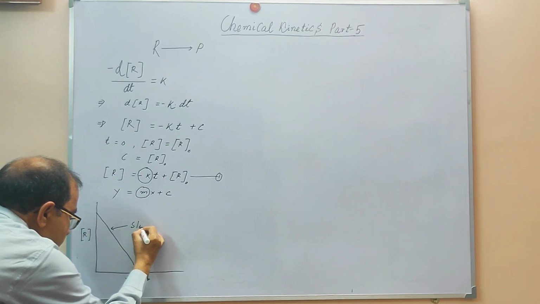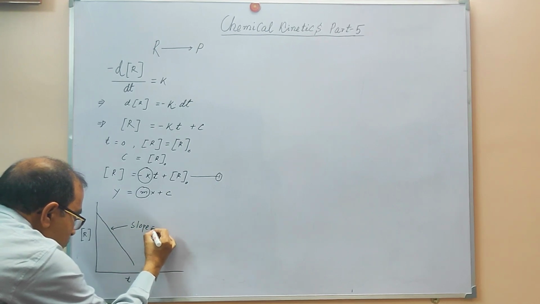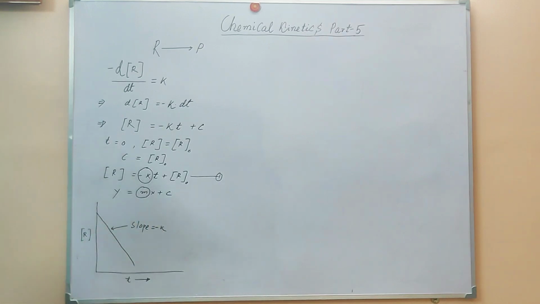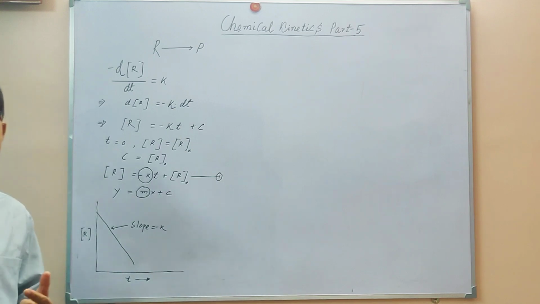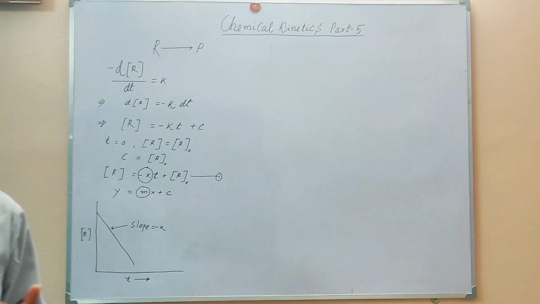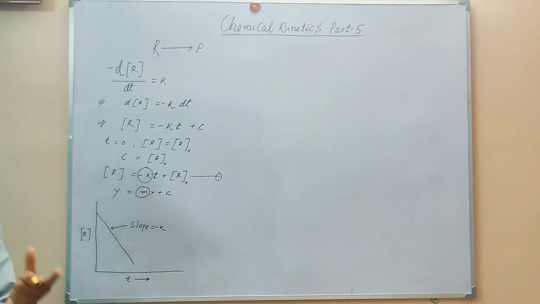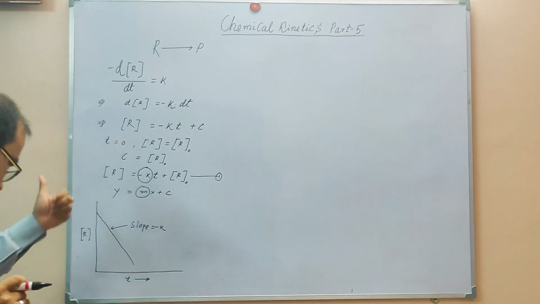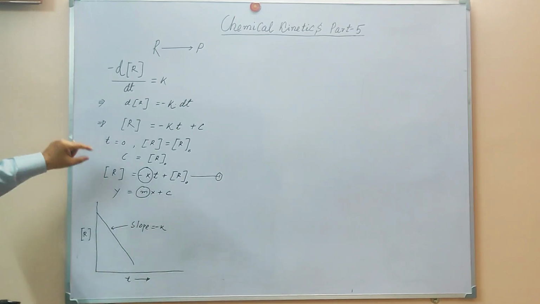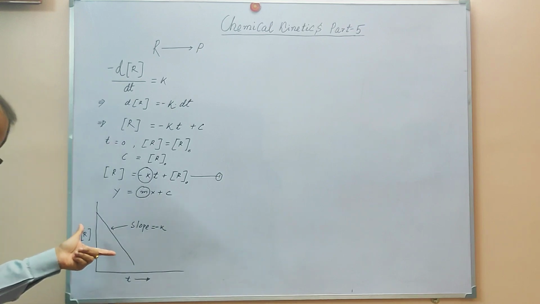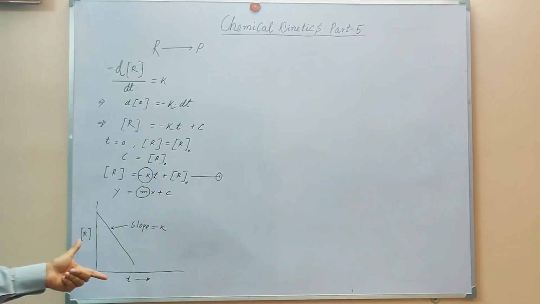It means that with time the concentration of the reactant is decreasing, and the slope of this decrease in concentration is minus k, the rate constant.